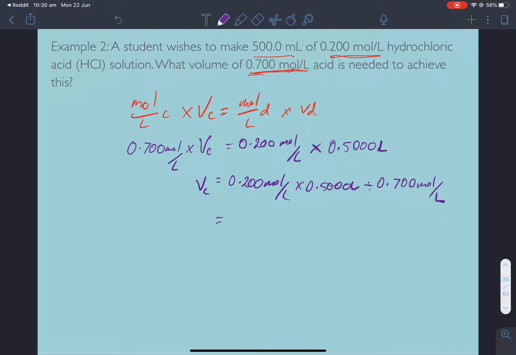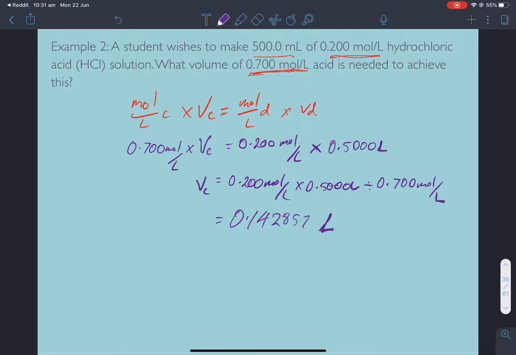And that's going to give us our volume needed of the concentrated to make the dilute. 0.2 into my calculator, multiplied by 0.5, and divided by 0.7. And it spits back at me 0.142857, that'll do. Litres is my unit for that.